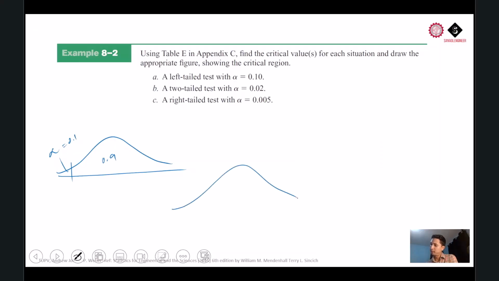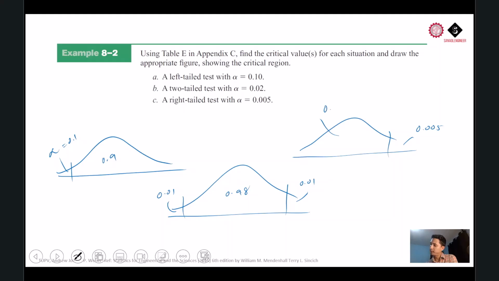For letter B, a two tail test, so the total is 0.02, so this is 0.01, and this is 0.01, and this is 0.98. And for letter C, a right tail test, this is 0.005. Therefore, this is 0.995. Okay, so I suggest that you do this first before using the table.